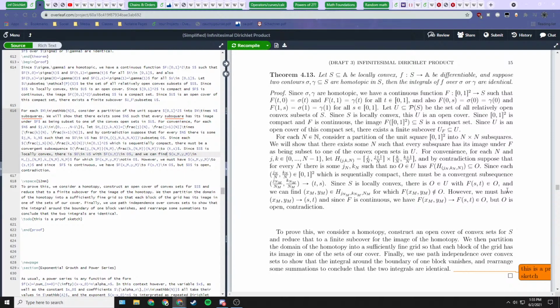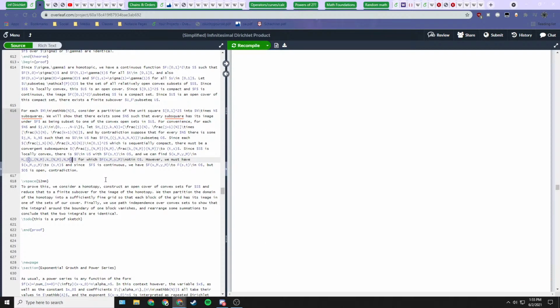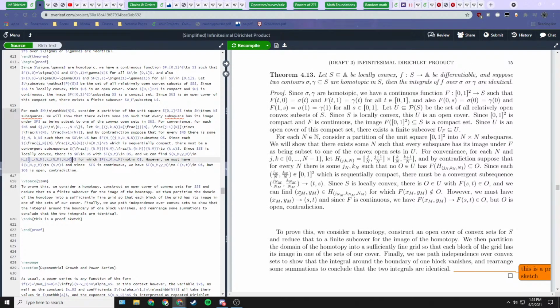Orange subsequence, O, and we can find x_m, y_m in this tile. This should be having parentheses. Yes, so we find x and y in this tile, for which f of (x_m, y_m) is not in this open set. So all of these tiles were selected.